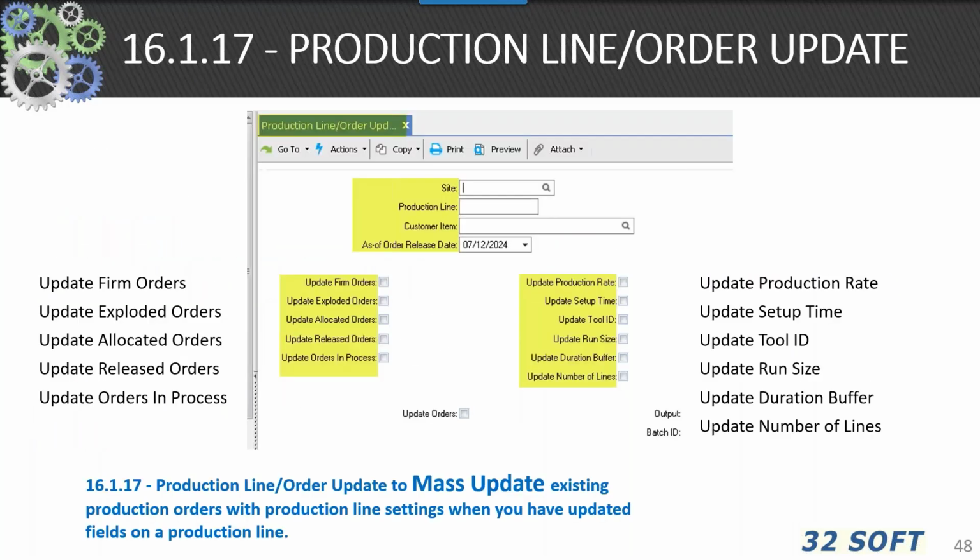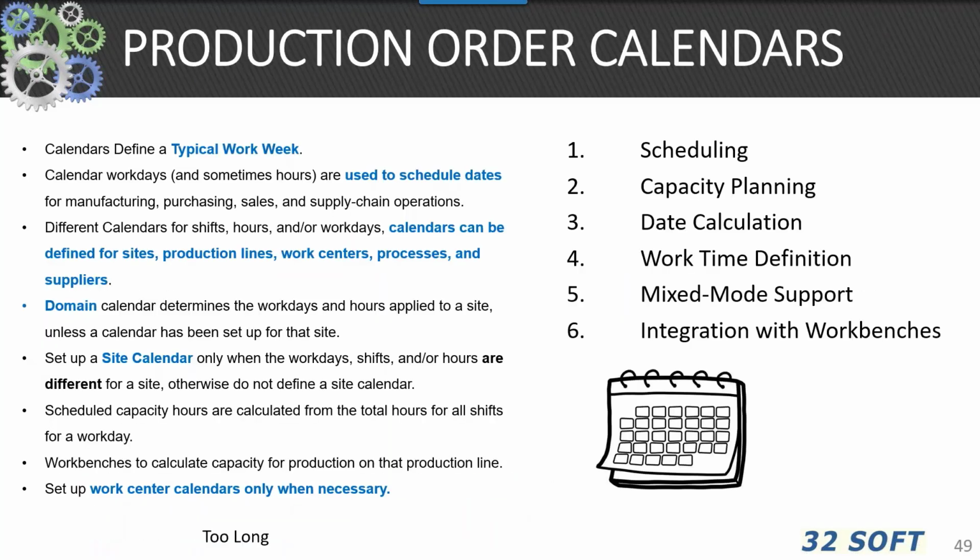You can use 16.1.17 to mass update existing production orders with production line settings in your production line.